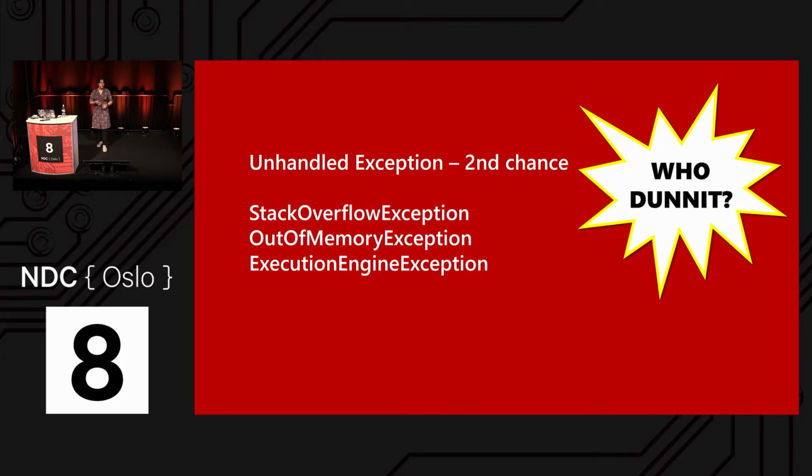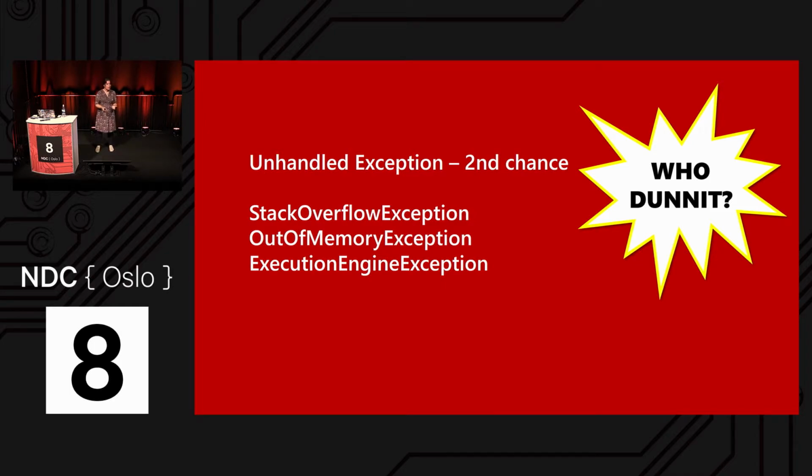So stack overflows, out-of-memory exceptions, and execution engine exceptions. They will only go to first chance because once you have a Stack Overflow exception, how do you handle it? By putting an exception handler a little bit further up on that stack that you already overflowed? Not possible. So that's why that won't work.